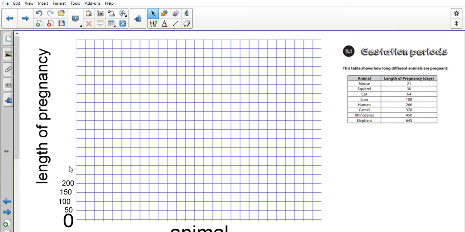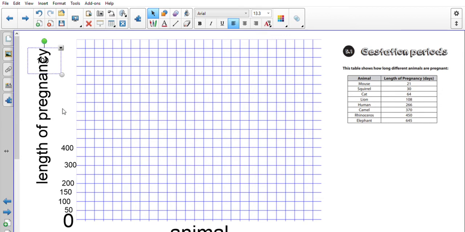I'm just going to do a couple, 250, 300, just to make it quicker, but you need to put the other ones in as well. 400, 500, 600, and we only need to go up to 650 because an elephant is 645.